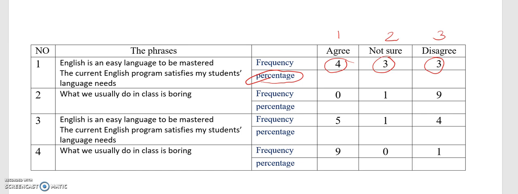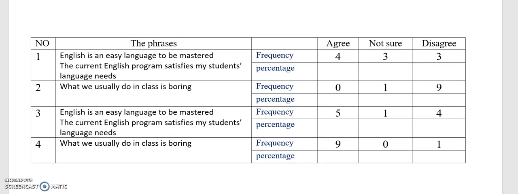Okay, so what shall I do now? What I have to do is find out the percentage out of 10 students, which is my total, of students who have said agreed. Then I'll put them here.